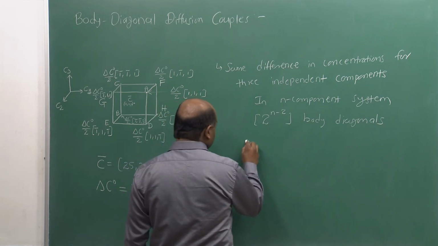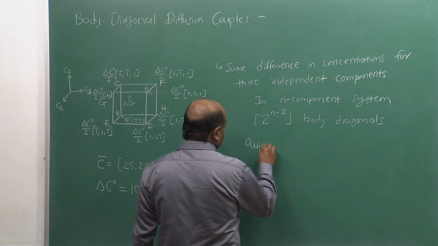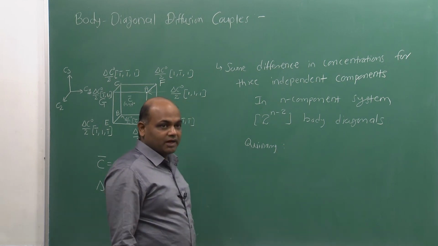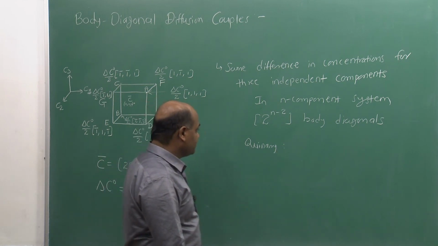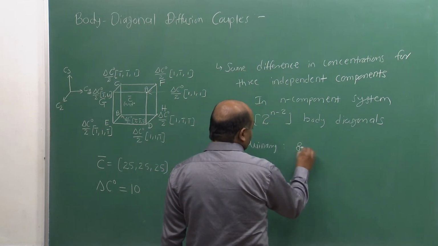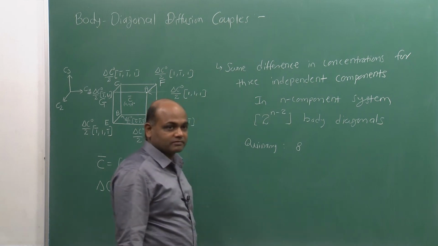So, for example, in quinary, if we imagine a 4 dimensional hypercube, there will be 2 to power 3, 8 body diagonals.